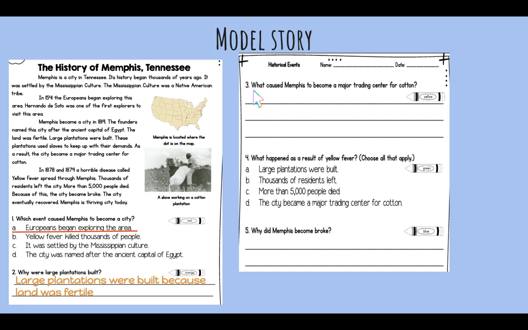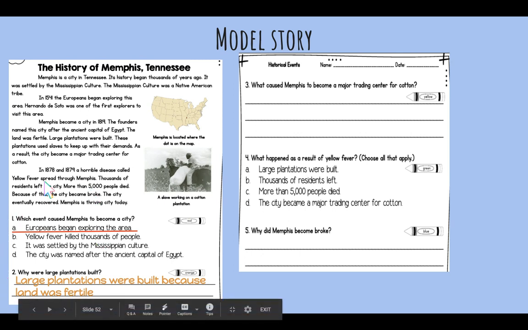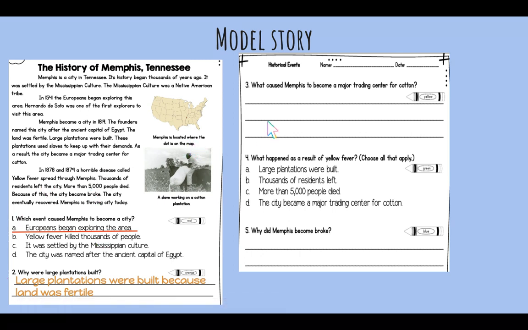Okay. So let's come over here to question number 3. Our question number 3 says, what caused Memphis to become a major trading center for cotton? I just remember seeing that somewhere in this paragraph, because if I read right here, it says, as a result, the city became a major trading center for cotton. And so these plantations used slaves to keep up with their demands. Oh, so they had slaves to help them out. So I bet that's the connection, okay? Because if they didn't have them, I don't think they would have been able to keep up with it. But I think because they had those slaves, they were able to keep up with the high demand.